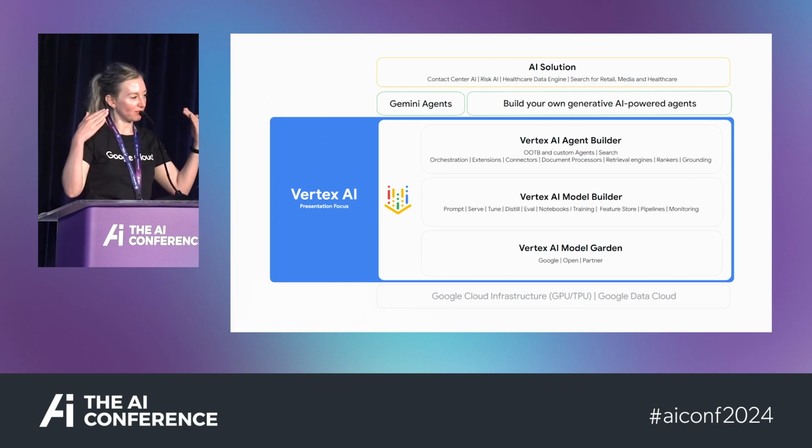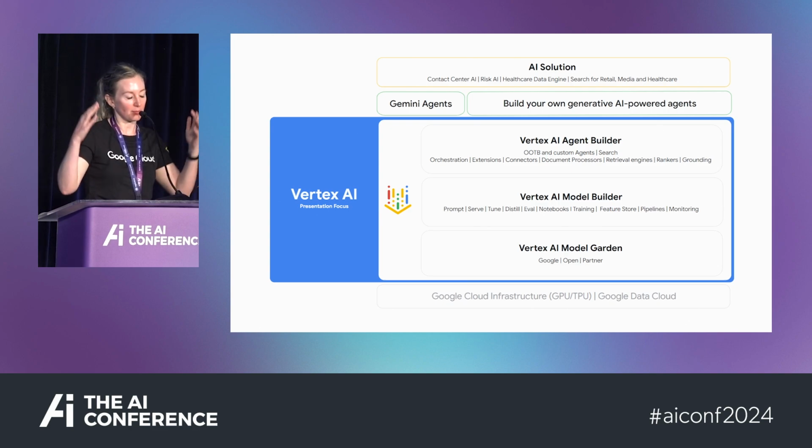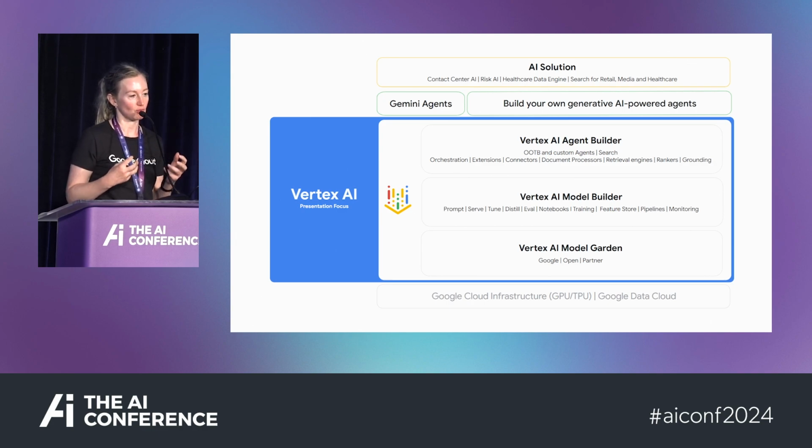Moving up the levels of abstraction, you have the Model Garden, where you're going to find all our pre-trained APIs like Gemini, as well as third-party APIs from partners like Anthropic and other open source providers like Meta. As you move further up, you see that agent builder layer, and we're going to be talking a lot about those two layers, agent builder and model builder, how they fit together and how you can use the tools in those boxes to build a really powerful interactive experience for your users with LLMs.